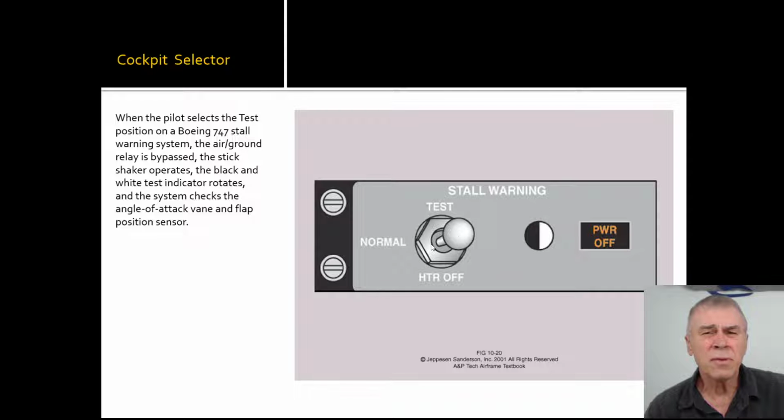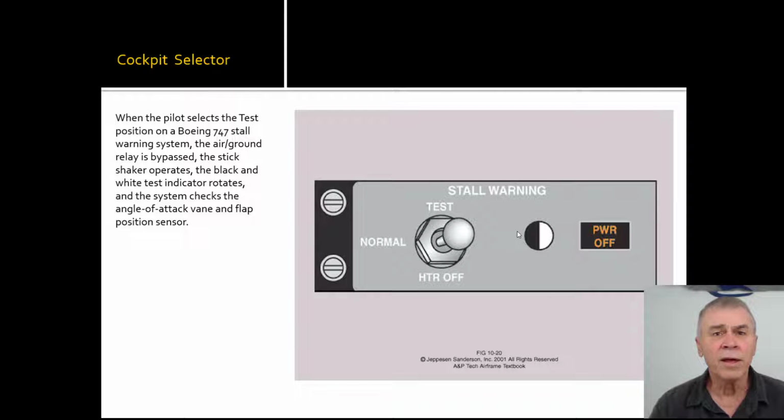It's got up for test, and in that case, the air-ground relay is bypassed, the stick shaker operates, the black and white test indicator rotates over here, and the system checks the angle of attack vane and flap position sensor. So the test does a number of things on the 747, which you can imagine it would.